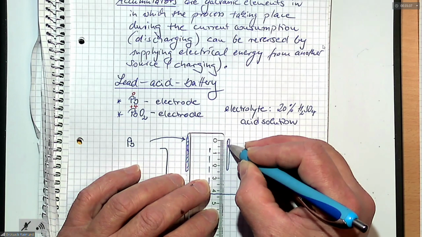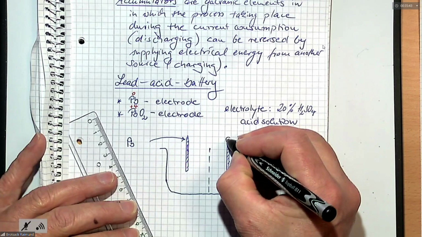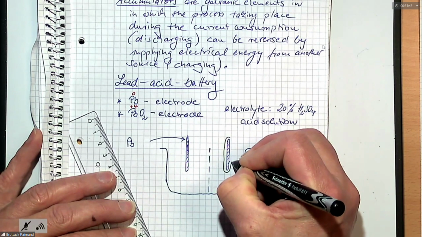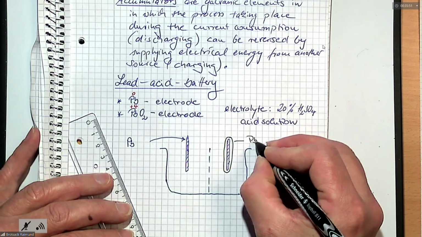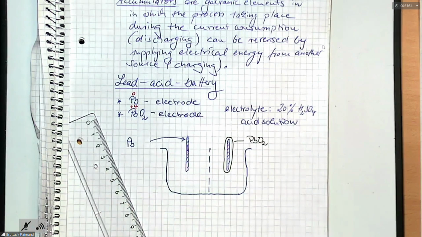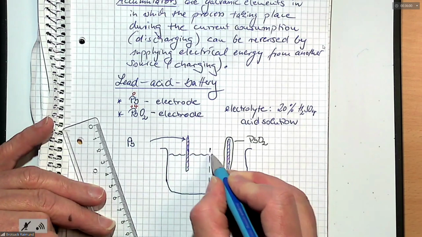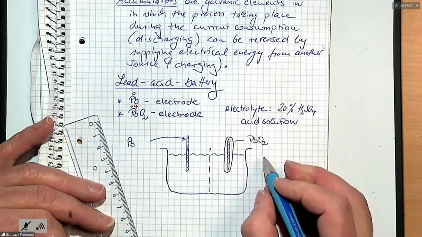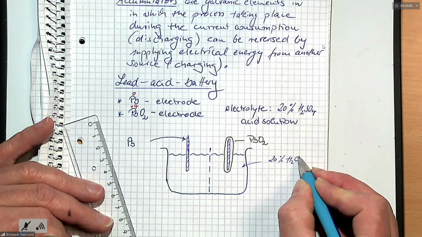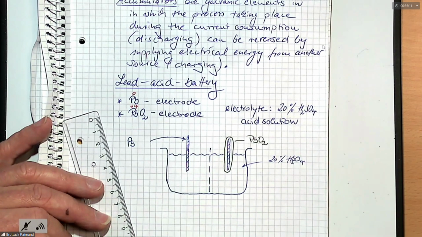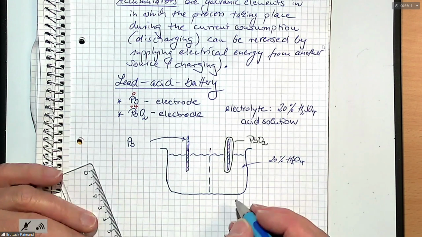So we have the lead in between and coated by lead oxide. And the solution where they are in is the sulfuric acid, 20%. And this is the permeable membrane in between.